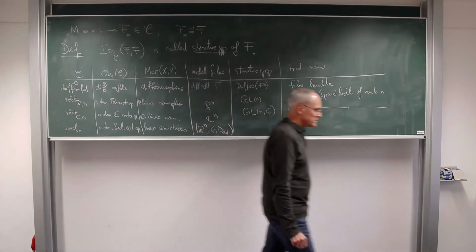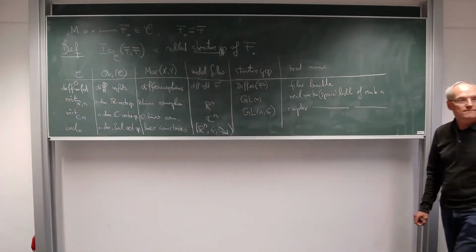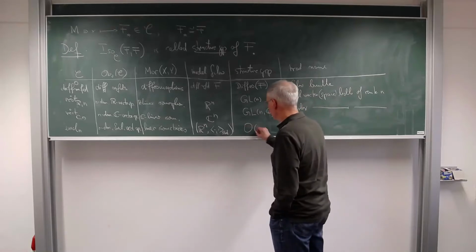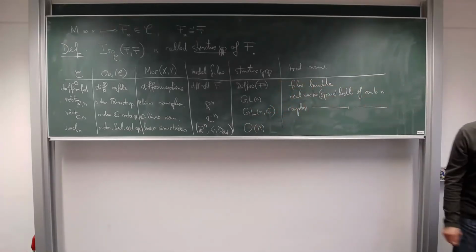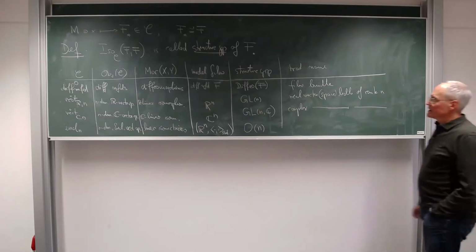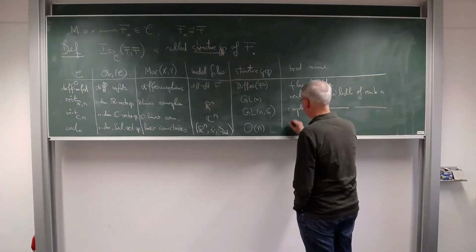So what's the structure group in this case? It's On, right? It's a subgroup of GLn which preserves this scalar product, so that's On indeed. And such a thing is then called a Riemannian vector bundle of rank n.